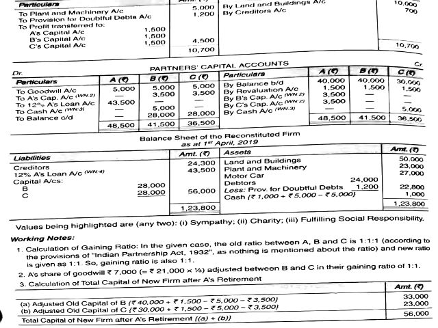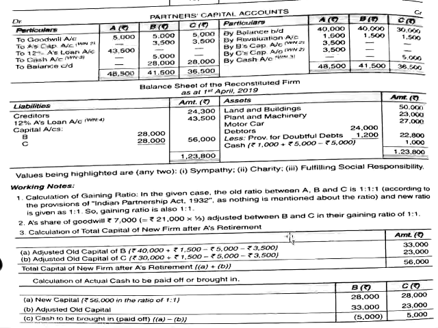And again, this new capital is 56,000. How is it coming? By adding the adjusted capital of B and C. See here, 33,000 is the adjusted capital of B, and 23,000 is the adjusted capital of C.